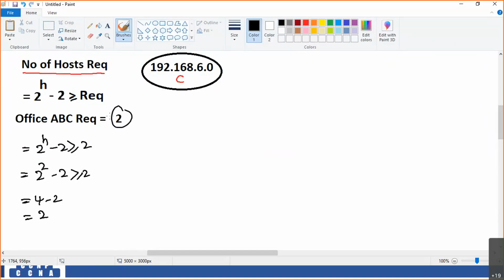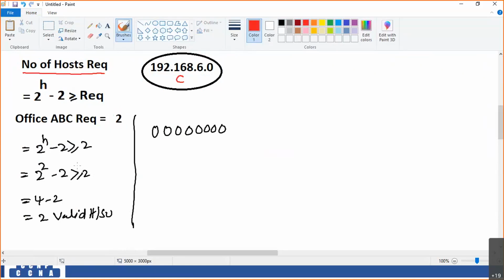Our requirement is 2 hosts, so exactly we'll get 2 valid hosts per subnet. Counting the bits: 1, 2, 3, 4, 5, 6, 7, 8. The power value is 2, so leave 2 host bits. All the remaining need to be converted: 3, 4, 5, 6. That is 128, 64, 32, 16, 8, 4.